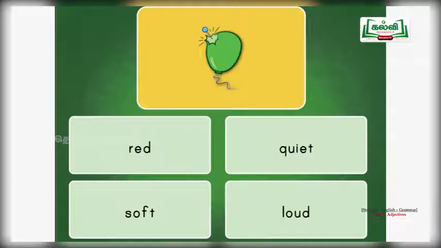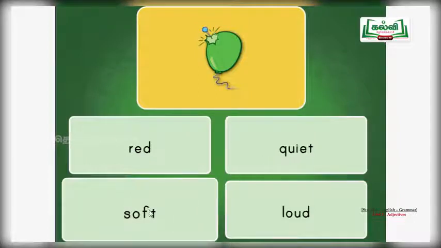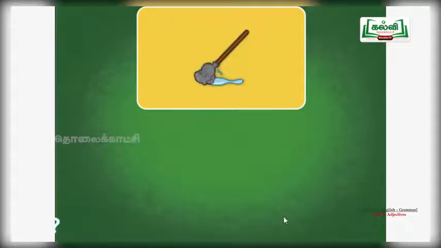The options are red, quiet, soft, loud. What is the answer? If we prick the balloon with a pin, what is the result? Is it quiet or loud? Yes. Shall we click loud? Yes, it is the right answer.